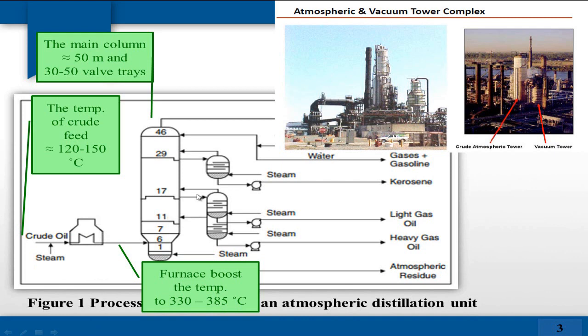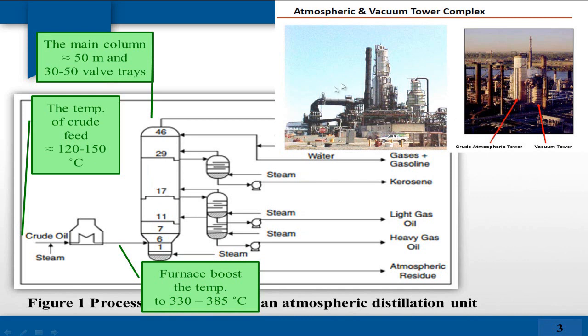The main column is typically 15 meters high and is equipped with valve trays or bubble cap trays. Some of them have 30 trays, some of them have 50 trays.